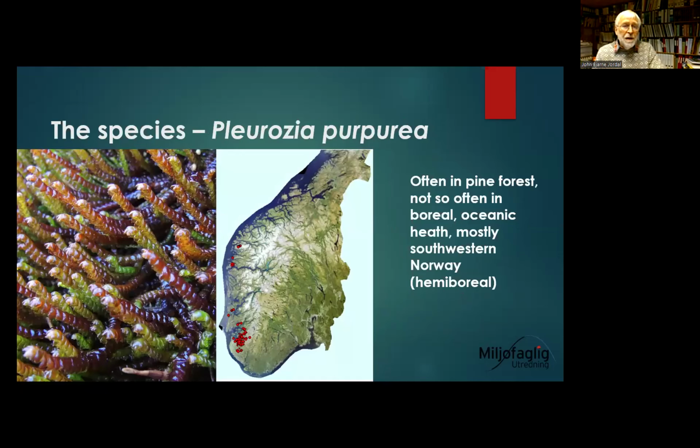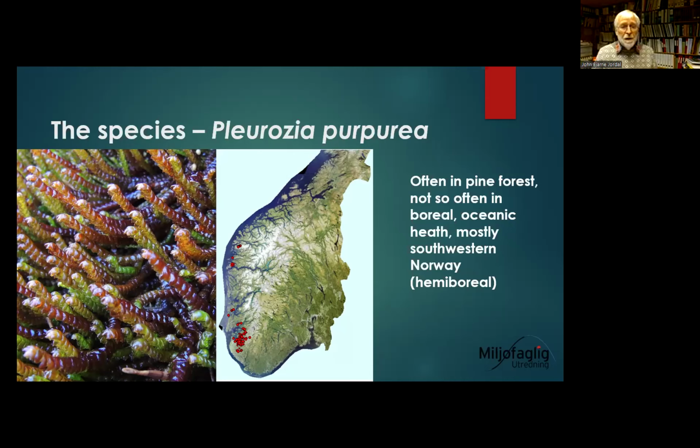We can add this one, Pleurosia purpurea, but often this one grows in open pine forests and not so often in boreal oceanic heath. And it has also mainly a southwestern distribution and seems to be hemi-boreal.